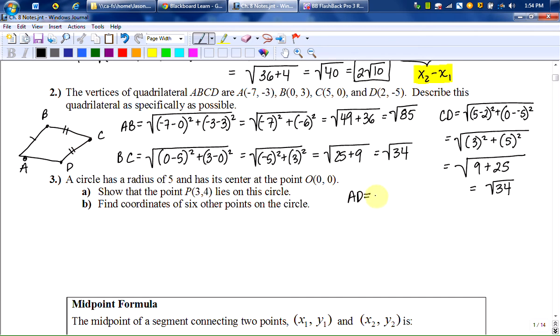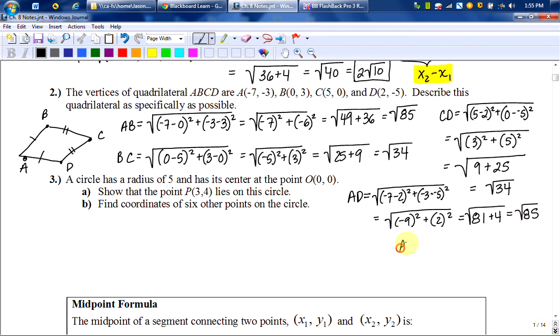And then my last one... So what I can tell is that ABCD is a kite. It has adjacent sides congruent.